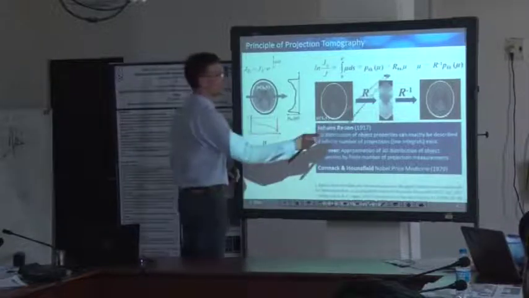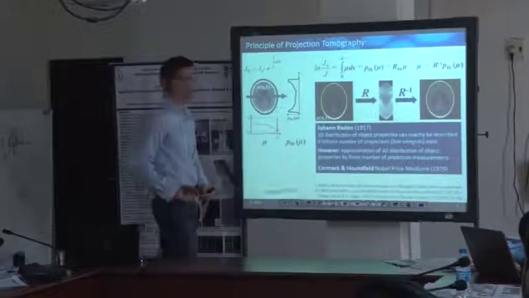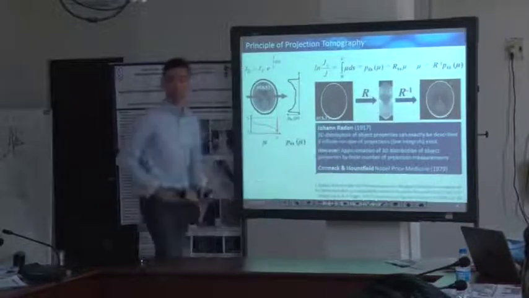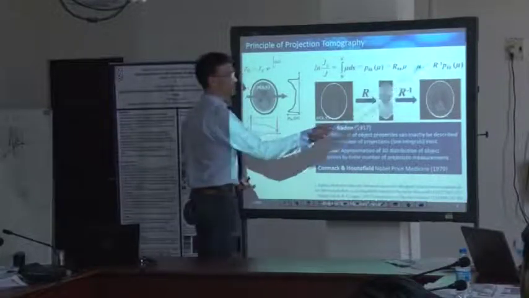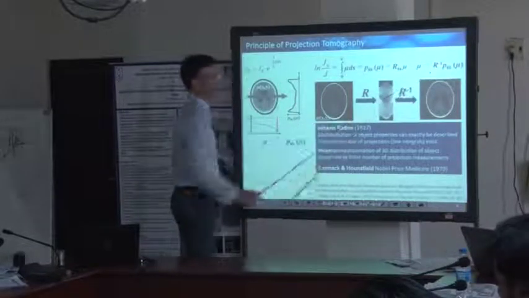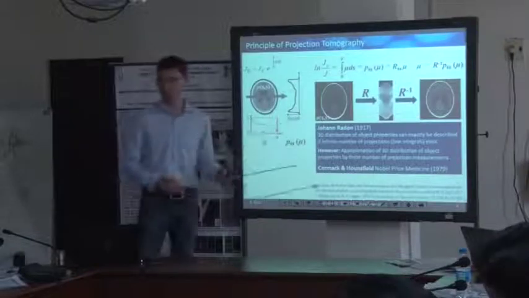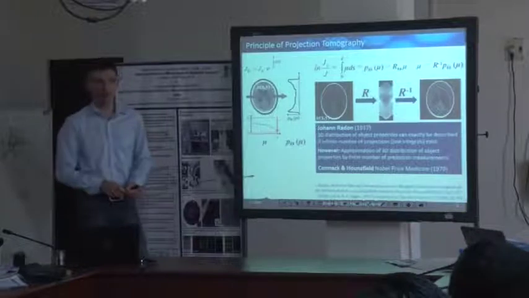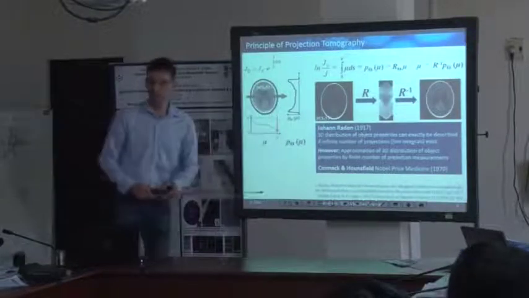But if we calculate the inverse Radon transformation, we can directly calculate our mass attenuation coefficient in three-dimensional space from the series of our projections. This is called a back projection, done by calculating this inverse Radon transformation.